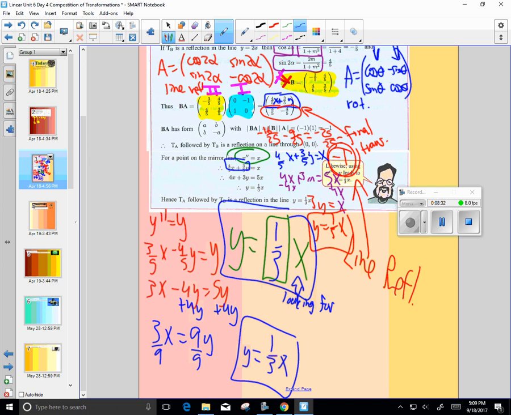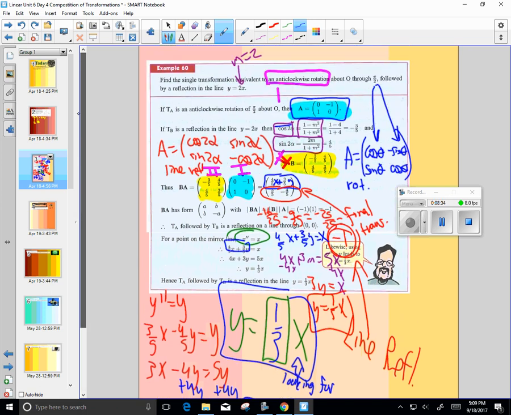It's not surprising, though. So what I did is I took the first one, turned it into a transformation matrix using the formula that's appropriate, the rotation one. And then when I got that, I remembered that that's the first thing I'm going to do, so it becomes the second matrix I'm multiplying by. That's the tricky part. And then the final thing was the line. I have the m.